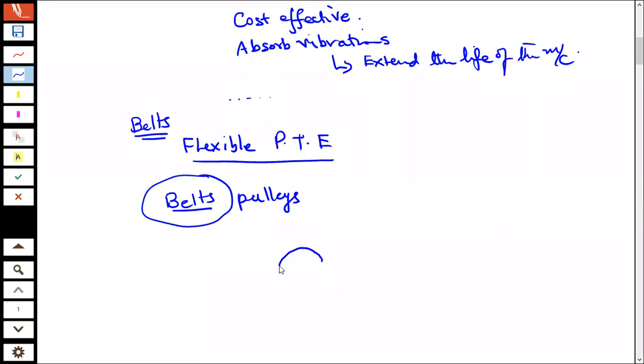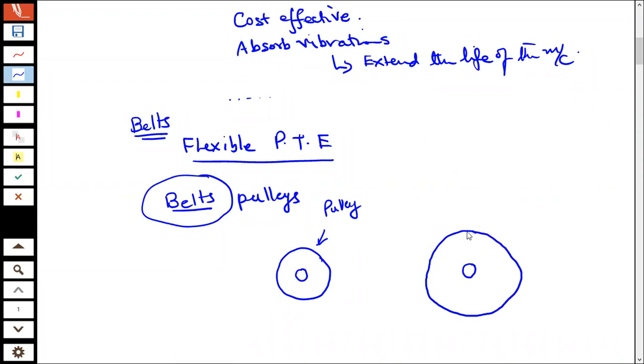For example, you want to transmit power from this shaft to this shaft, so you will mount a pulley on it, and mount another pulley on this. So this is another pulley, and put a belt around it.